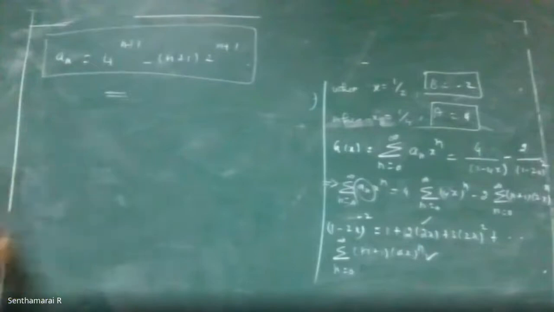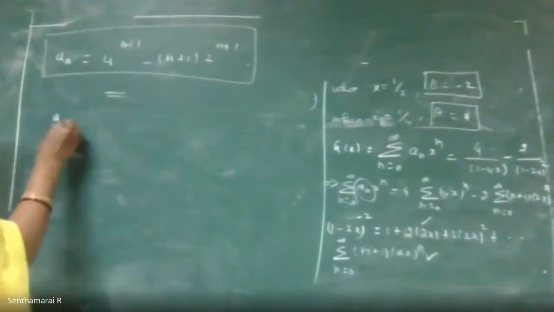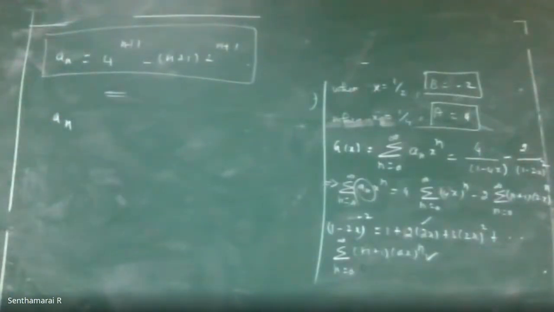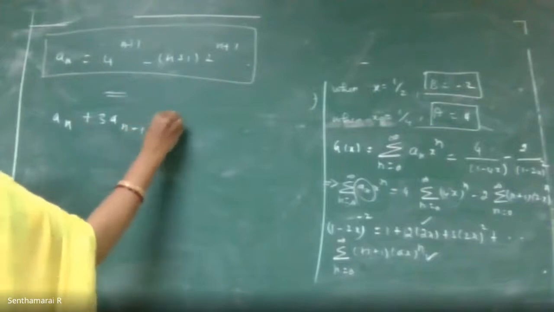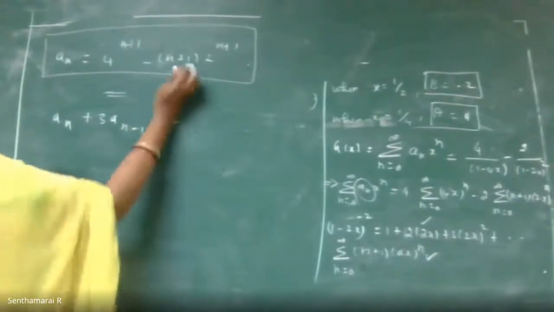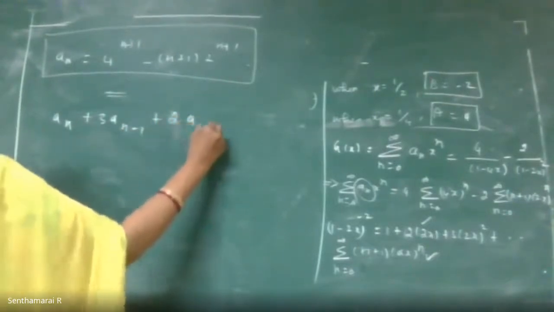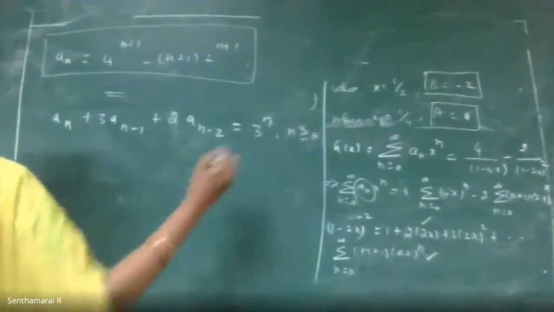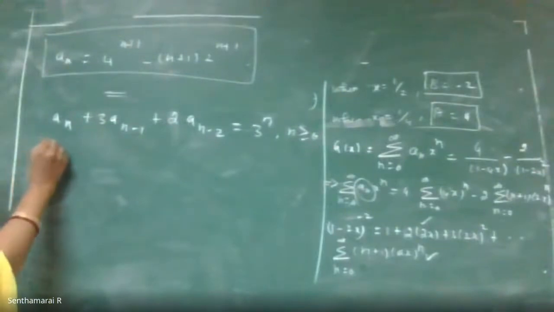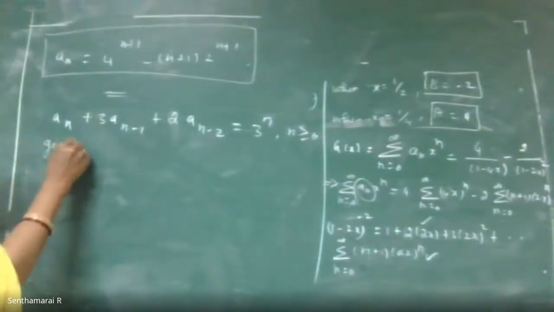Solve the recurrence relation: you write like this, an plus 3an minus 1 plus 2an minus 2 equal to 3 power n. Actually, this is the correct format for a problem under generating functions.